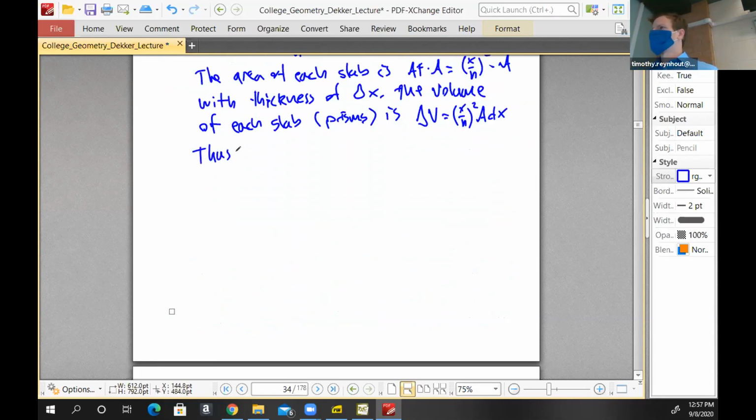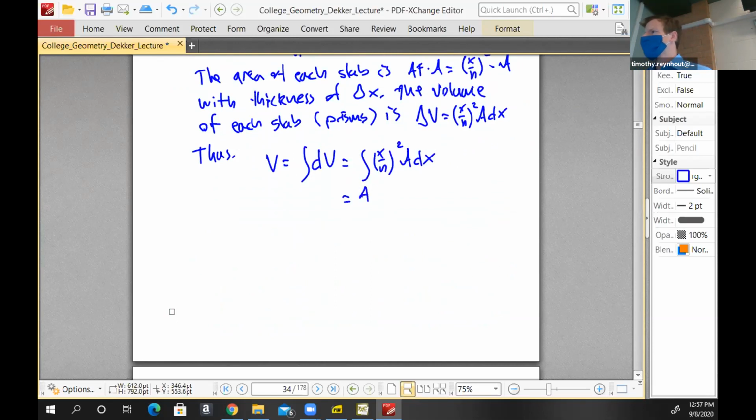Thus, the volume can be given by the integral of the differential, which is the integral of x over h squared times the area, dx. But I have an h squared that I can pull out, 1 over h squared, and the area I can pull out.